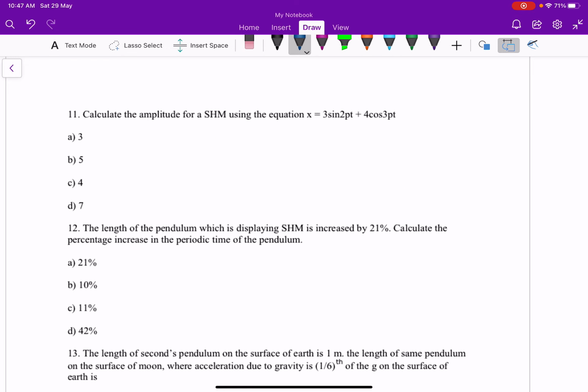Calculate the amplitude of SHM using the equation x equal to this. Here it is given that x equal to 3 sin 2 pi t plus 4 cos 3 pi t. Okay, it is in the form of x equal to a sin omega t plus b cos omega t.